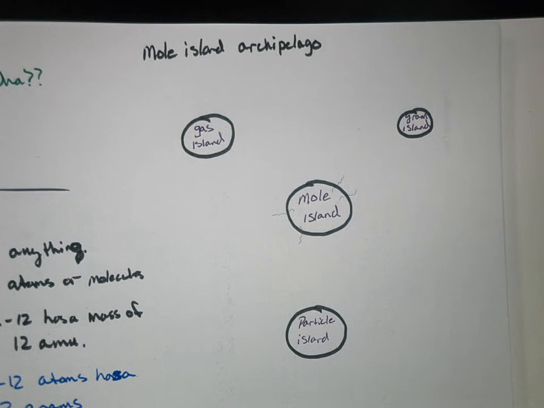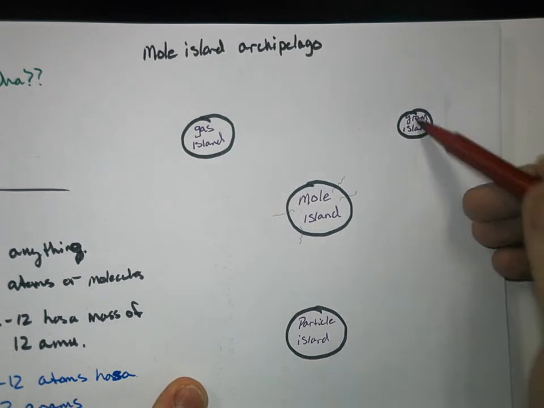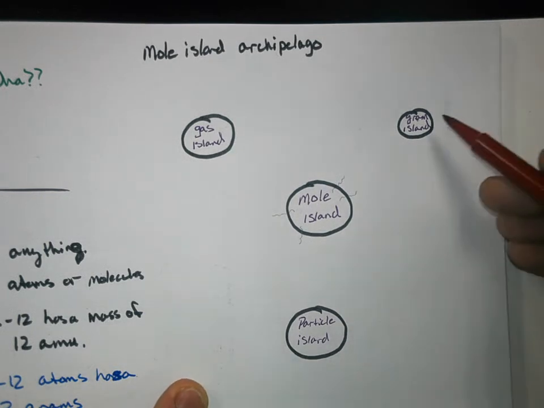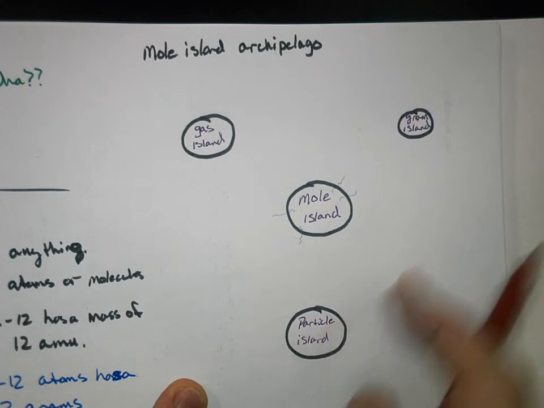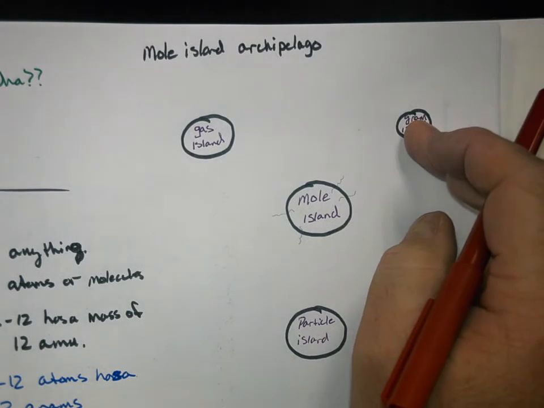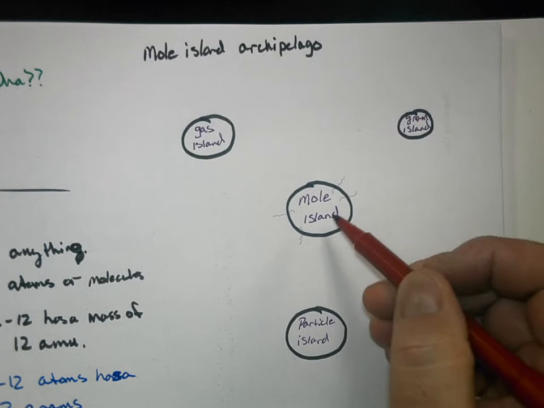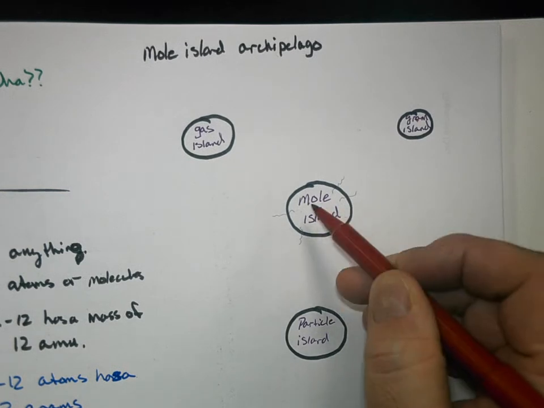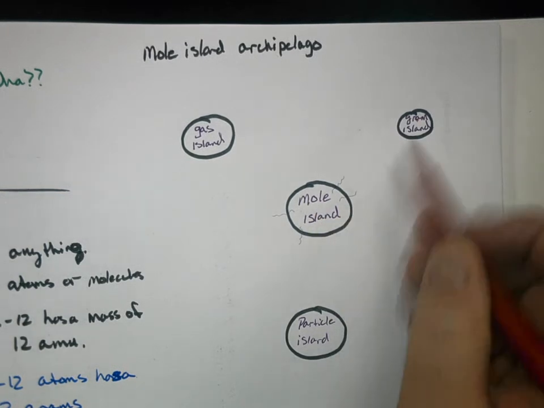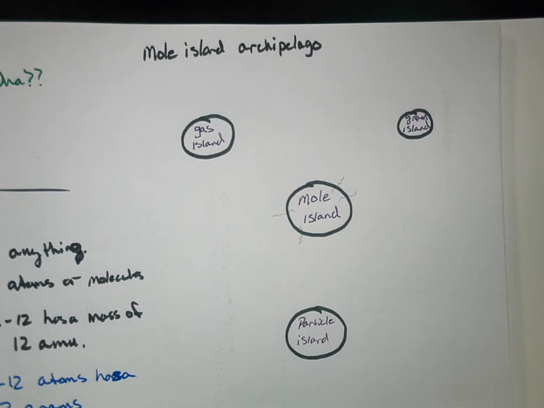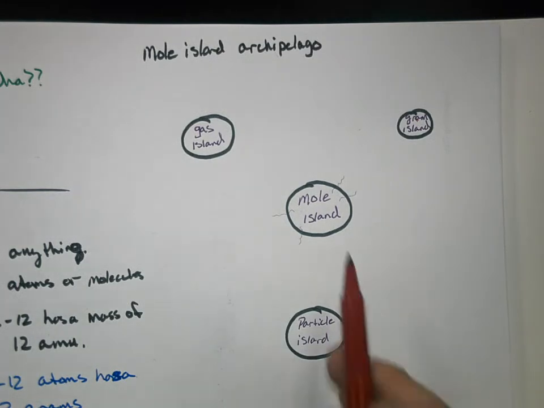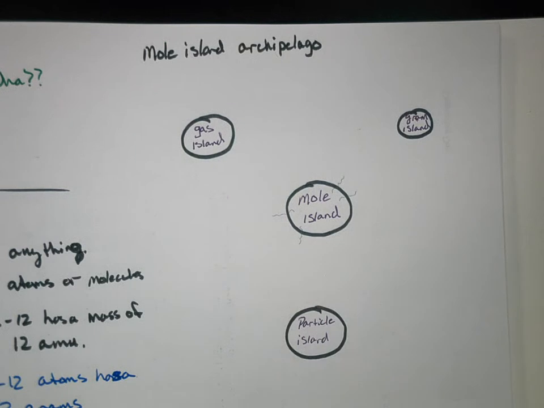Sometimes we'll convert from, say, atoms to grams. If I have so many atoms of something, how many grams do I have? In which case, we will need to go through Mole Island to get out to Gram Island. So we're doing some island hopping. This is the hub island, and we have to go through the hub in order to get to an outlying island. The hub would be the main island, right. Well, you can call this Oahu if you want.